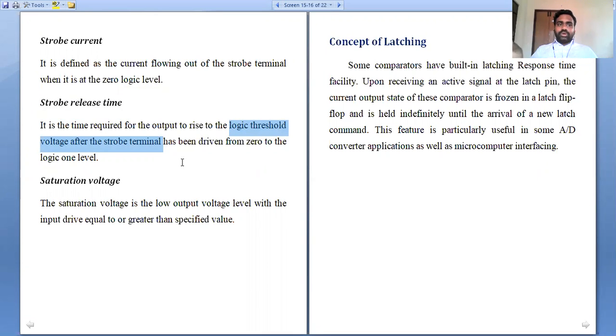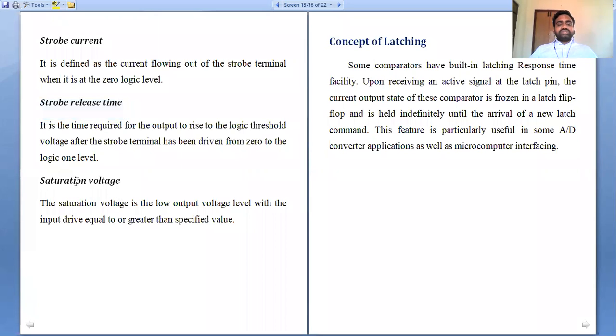That means how much strobe voltage is formed when the strobe current flows through the strobe terminal. The actual working time of the strobe function is represented with respect to strobe release time. Strobe release time is the instant of time the strobe function operated to enable or to disable the input.